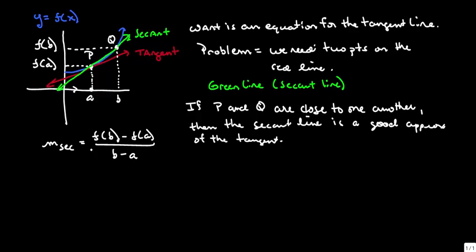That gives you your slope. Then we take that slope value and plug it into the form y equals mx plus b. This would be our m value. We would solve for b using one of these 2 points to plug in for y and x, and that would give us the equation for the secant line.